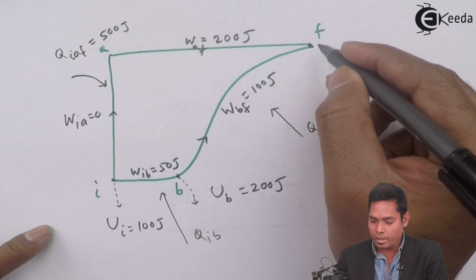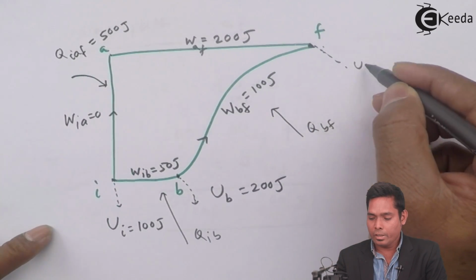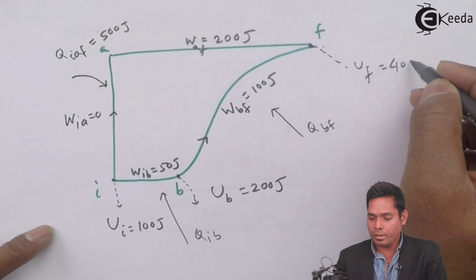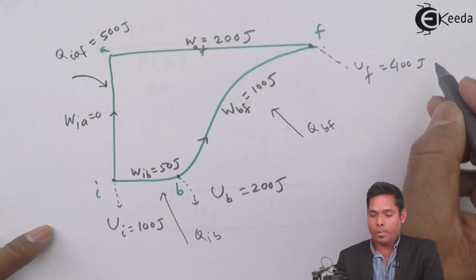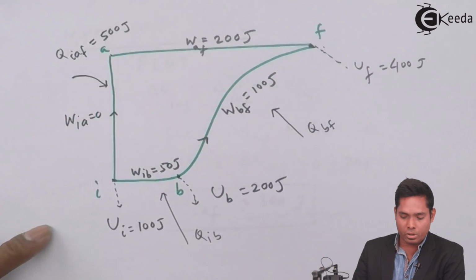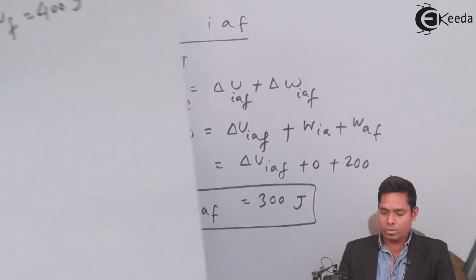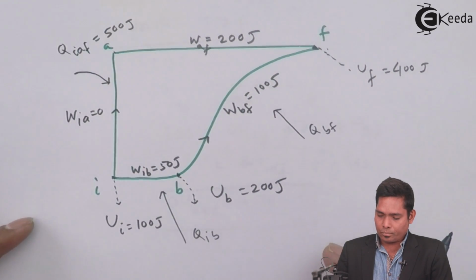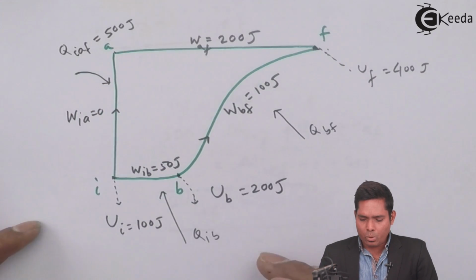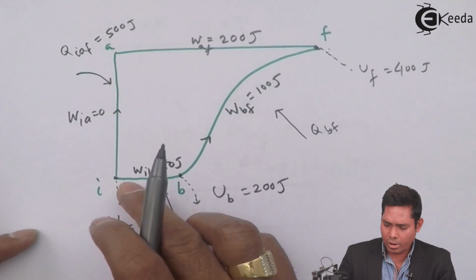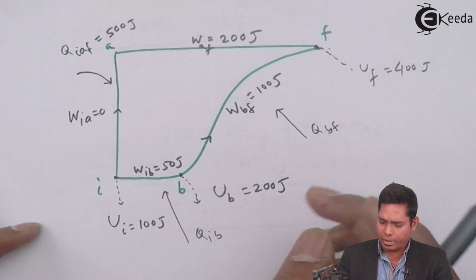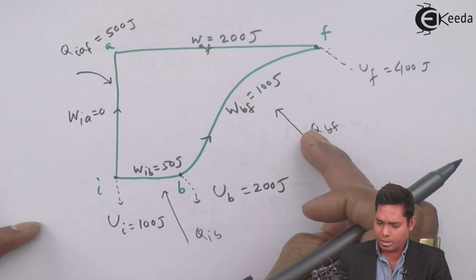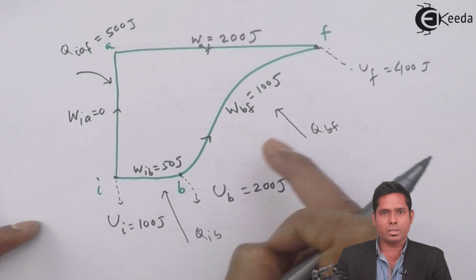That means internal energy at this point is 400 joule, because the difference we've got is 300. Now we have to follow this path, because we're interested in the heat that is supplied during this process.